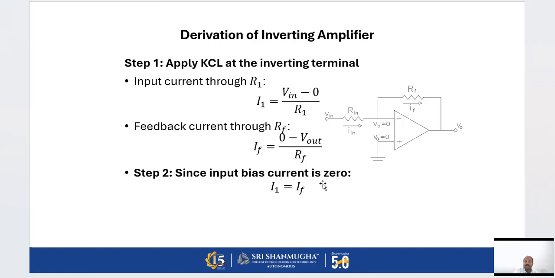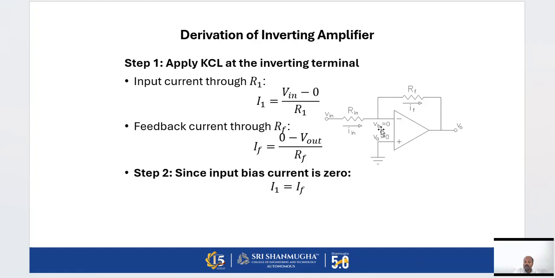So this is the derivation of an inverting amplifier. First, we have to find I1 and IF. For that we need to use Kirchhoff's current law. As per Kirchhoff's current law, first we find the input current through R1. The current flowing through the input resistance is the input voltage minus VB.